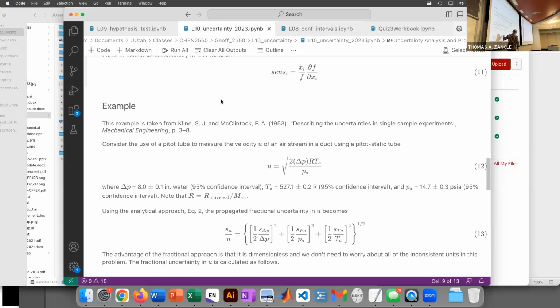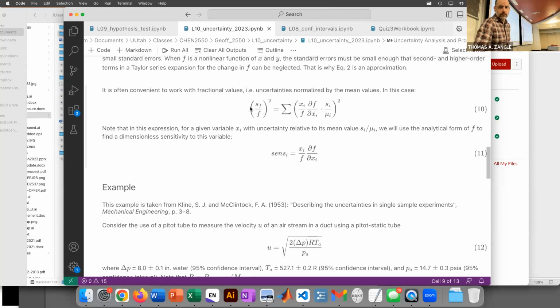So when we use this expression up here, equation 10 shows the uncertainty in our final function value, that SF. We've expressed it, though, in a form where we're normalizing that uncertainty, that SF, by the value of the function itself.